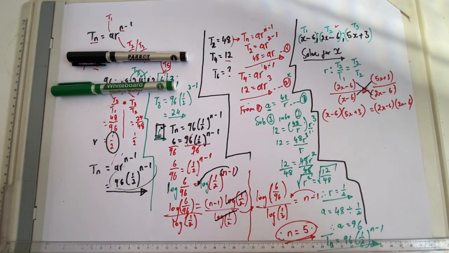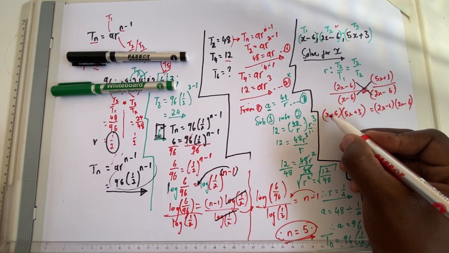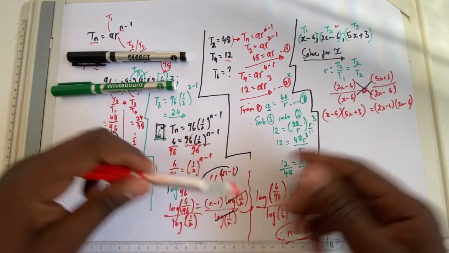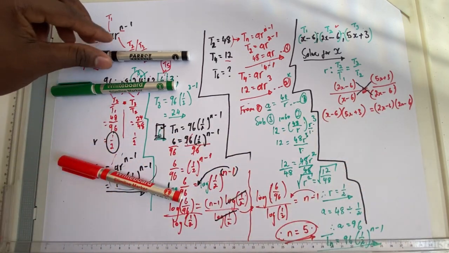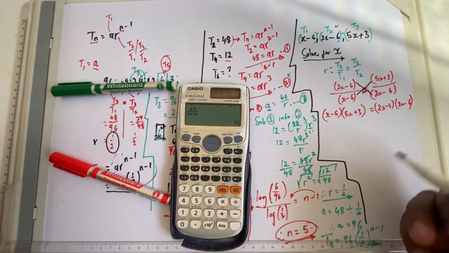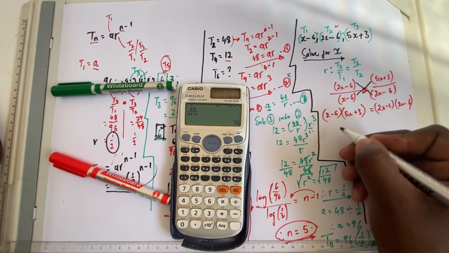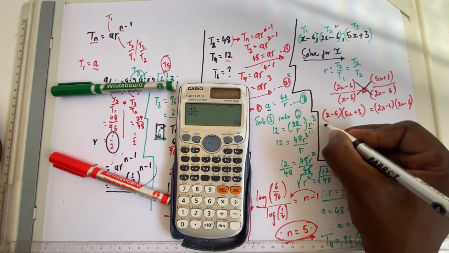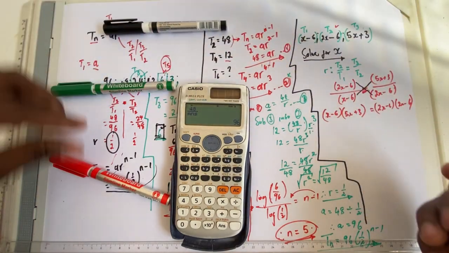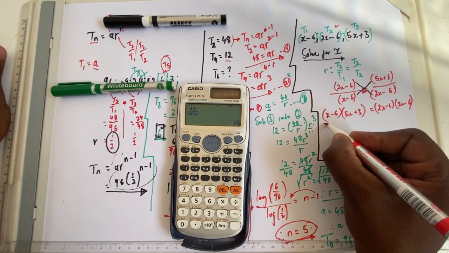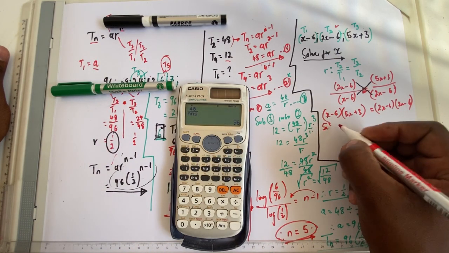So now, with this being what you have, let's move it further down. You break the first bracket with the second bracket. So I'm going to be having what? This 5x multiplied with x, I'm going to be ending up with 5x to the power 2.